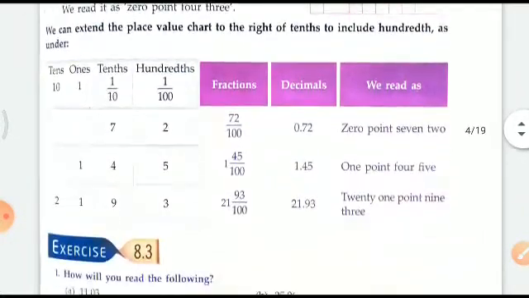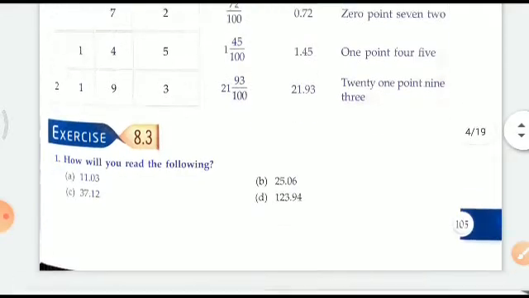So let us see this here. 72 upon 100 is written as 0.72. 145 upon 100 is written as 1.45. Once before the decimal and 45 after the decimal. 2193 upon 100 is 21.93.